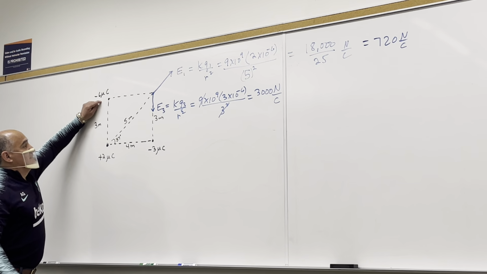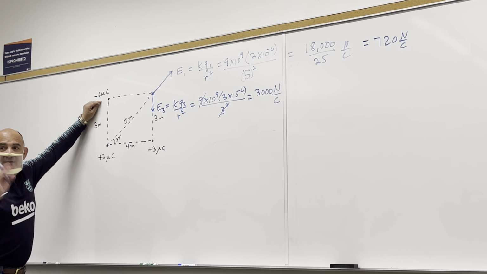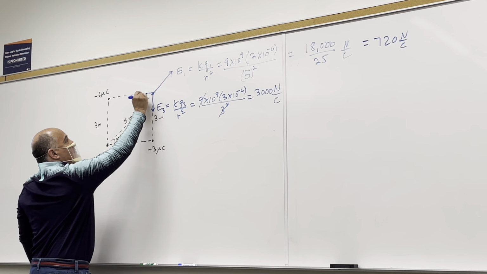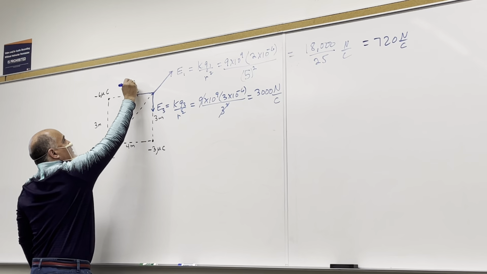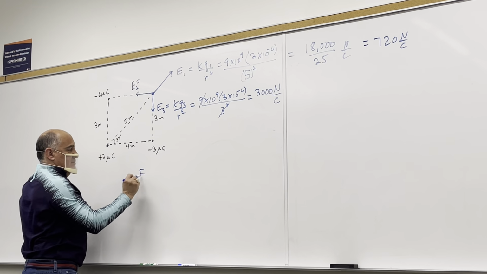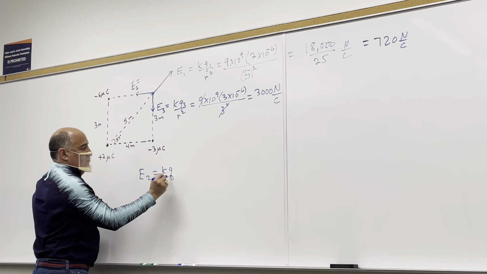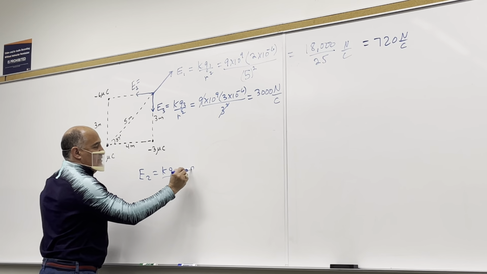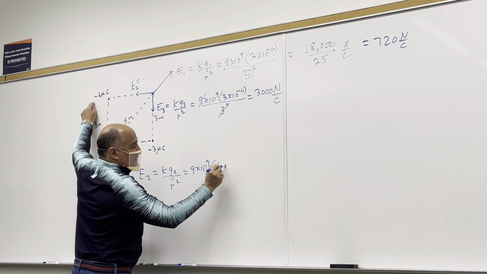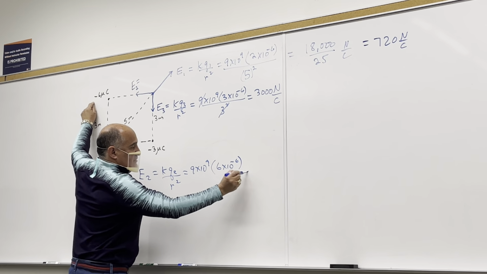And then this charge here generates an electric field over here pointing which way? Towards it, right? So is that E2? So what is E2? It would be K Q2 divided by R squared. So that would be 9 times 10 to the 9th. This is 6 times 10 to the minus 6.